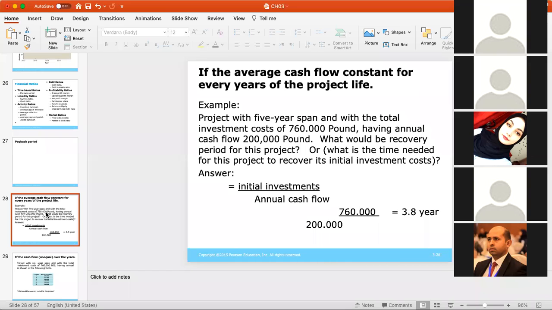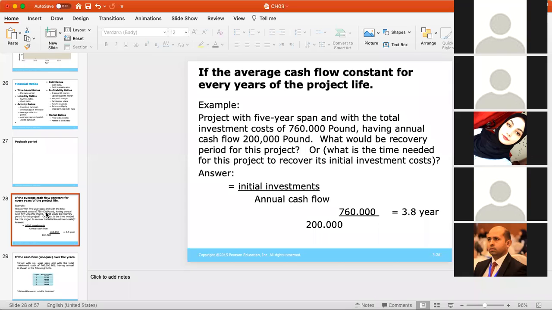The initial investment we know, how much capital we put in that project, but the annual cash flow we can collect from the cash flow statement.